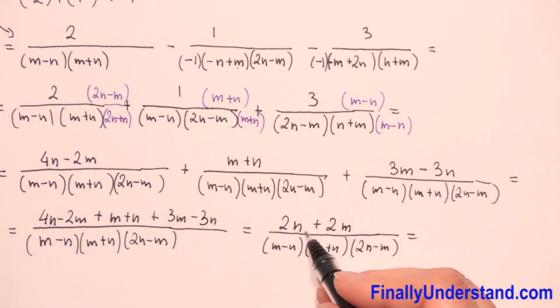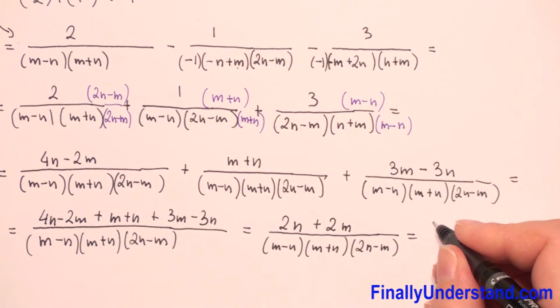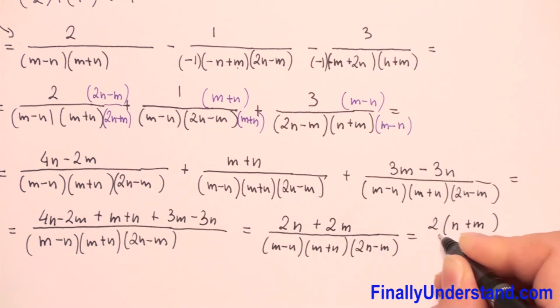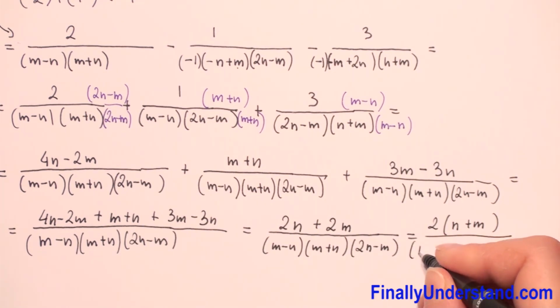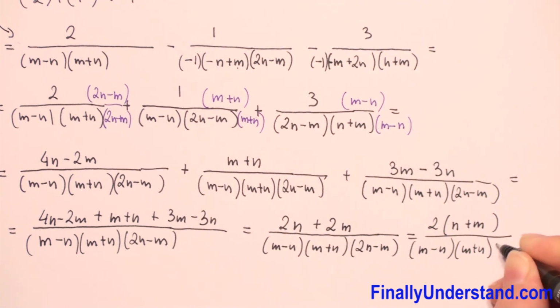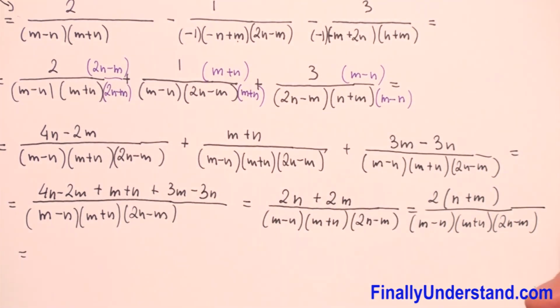So now we can factorize 2 in the numerator, so we will have 2 times n plus m over m minus n times m plus n times 2n minus m. So this is equal. We have n plus m, and in the denominator m plus n is the same.